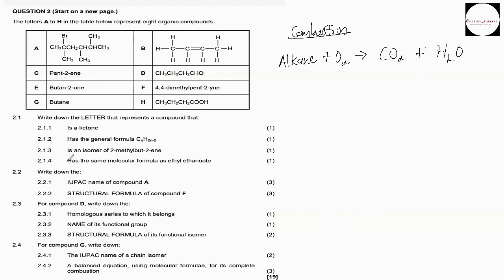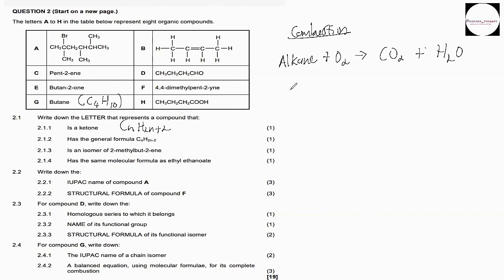Now, what is our alkane? Our alkane is compound G, which is butane. Now we know the molecular formula for butane is C4H10, right? So using the formula CnH2n plus 2, if we have 4 here, that's 2 times 4, 8 plus 2, that's 10.